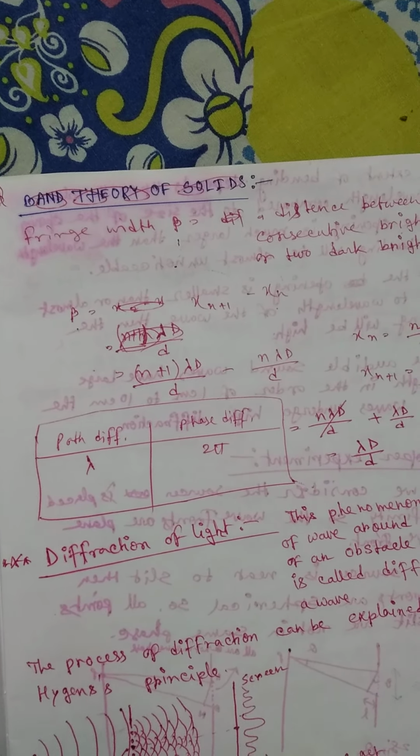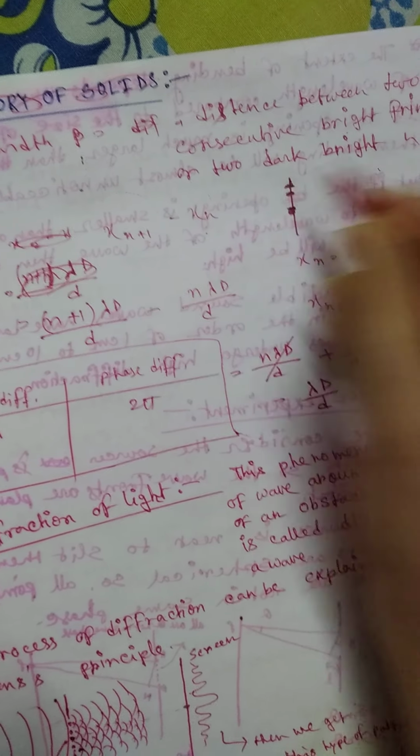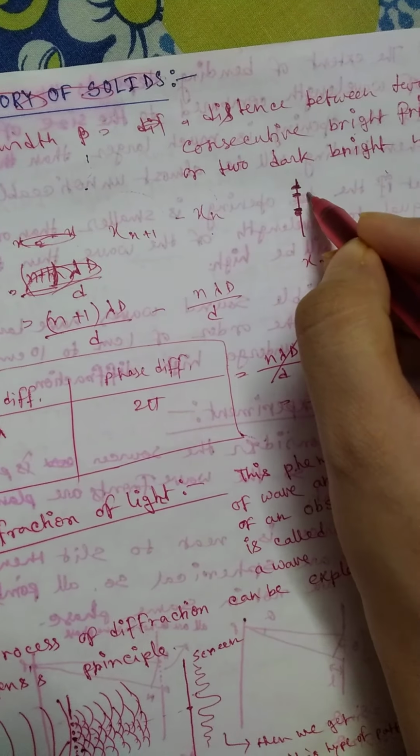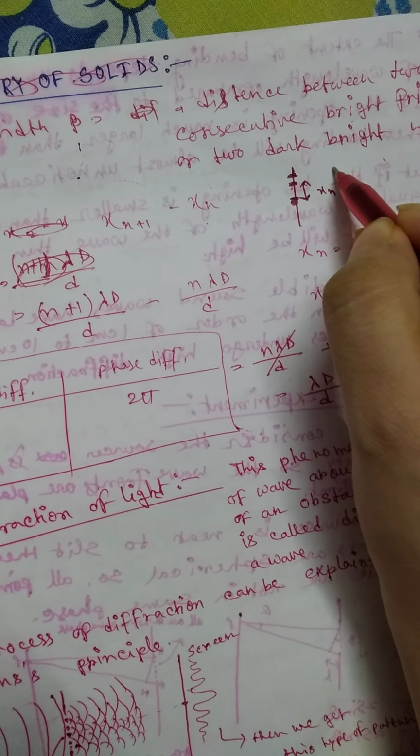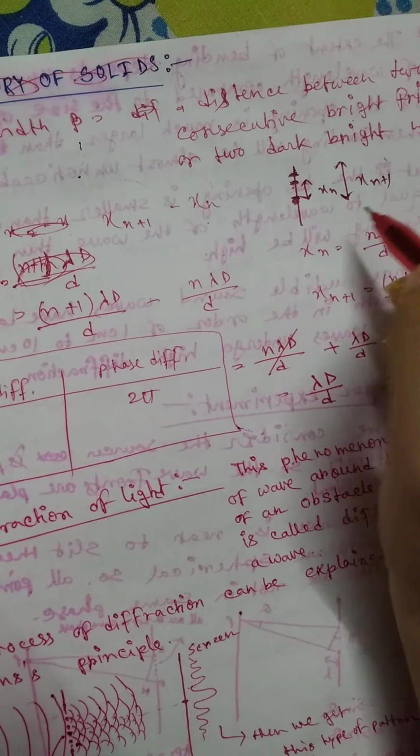If this is the central bright fringe, this is the nth bright fringe and this is the n plus 1th bright fringe, then this is xn and this is xn plus 1.